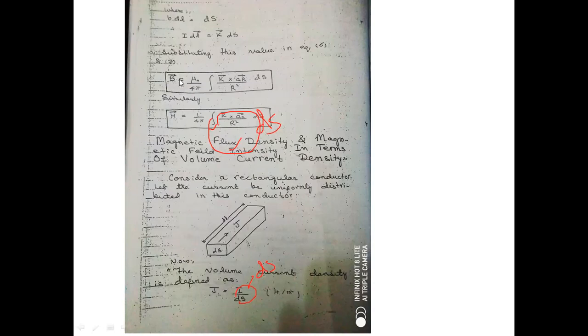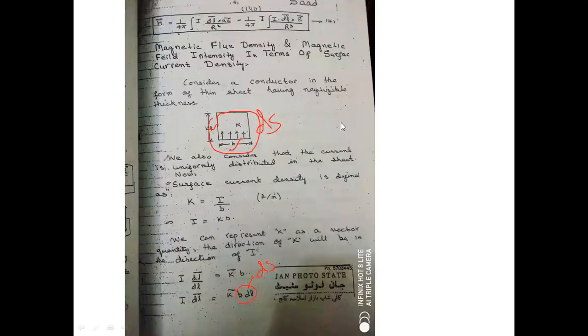Similarly, dividing this whole expression by mu naught, we get H equal to 1 over 4 pi integral of K cross a_R over R squared ds. This is a cross multiplication of these two vectors. This is the expression for the magnetic field intensity in terms of K, the surface current density.